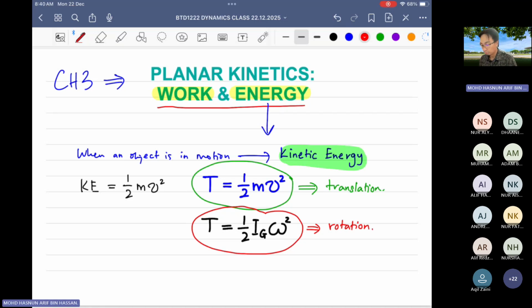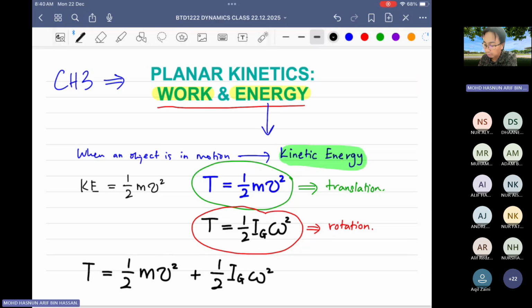So the general formula to calculate kinetic energy is T equal to 1/2 mv square plus 1/2 Ig omega square.